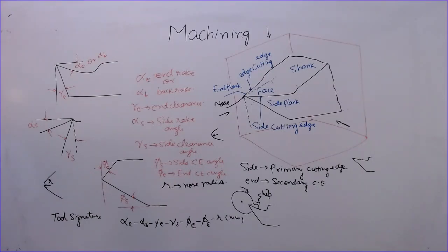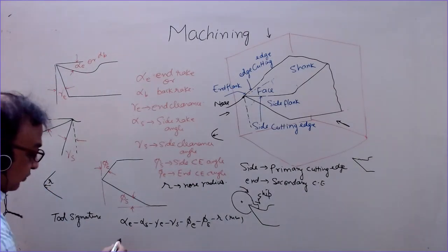All these angles have some ranges, and while making a cutting tool we select the angles as per our requirement, depending upon the material to be cut, the tool material and the machining process, and then we designate the tool with a tool signature. These angles are written in degrees, whereas the radius is written in mm.